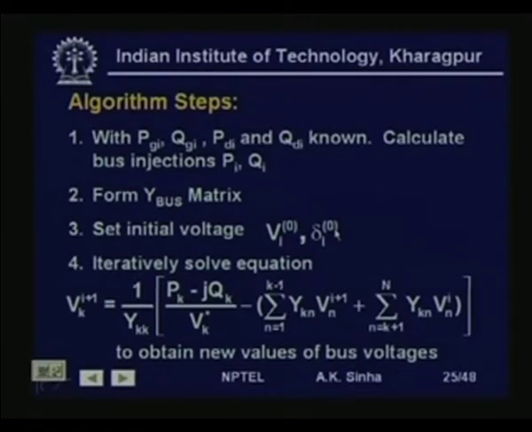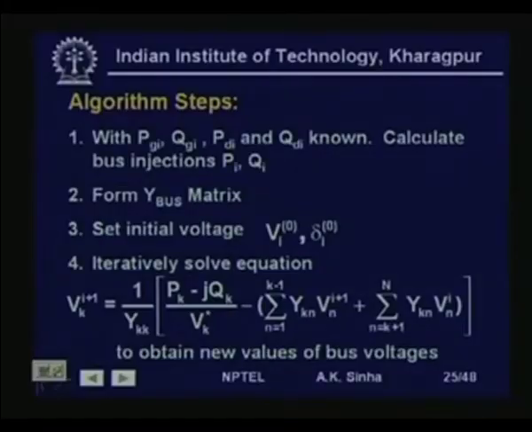As I said earlier, for PV buses the voltage is specified. For all other buses, a very simple starting solution is that the voltage magnitude is 1 per unit, and since the voltage phase angle is generally not very large, the starting value we choose is 0 degree.